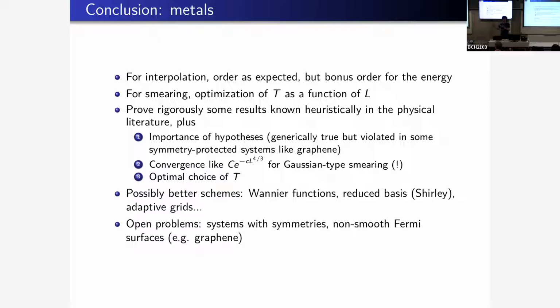This is borne out by how this goes. This only concerns the very basic schemes. Now there are many improved schemes to get better convergence. So you can use this Shirley method, there's many functions you can use to get better. Okay?